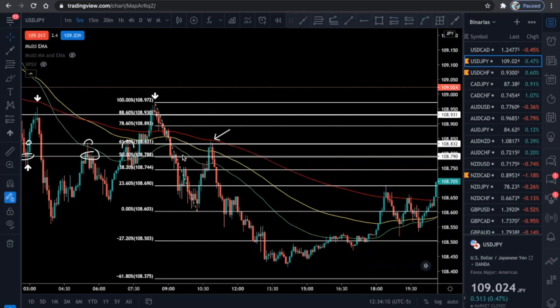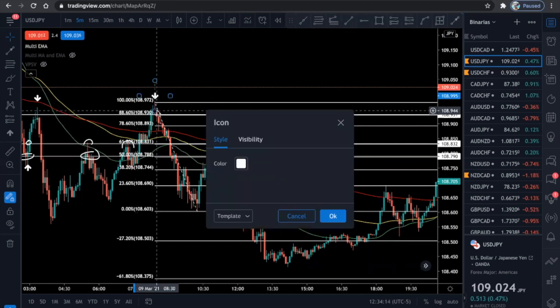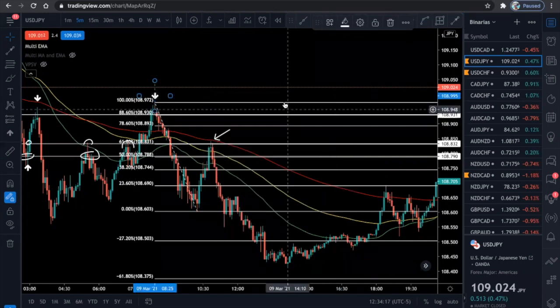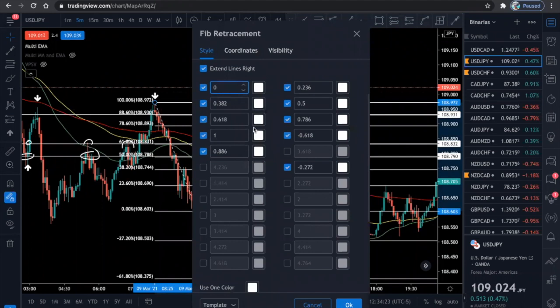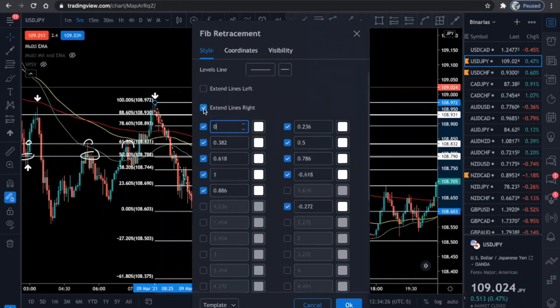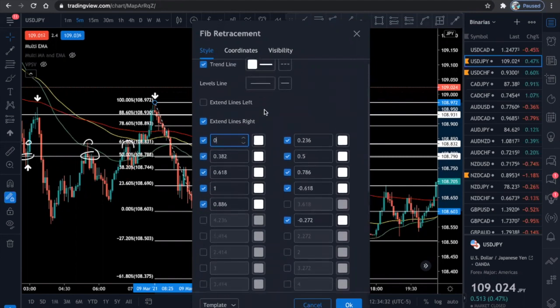Okay, guys, so for the fib retracement, check this out. This is my Fibonacci configuration right here. So these are the levels I use for binary options. I extend my lines to the right always so I can see if in the future they're making something.